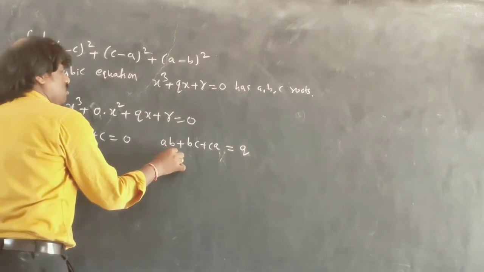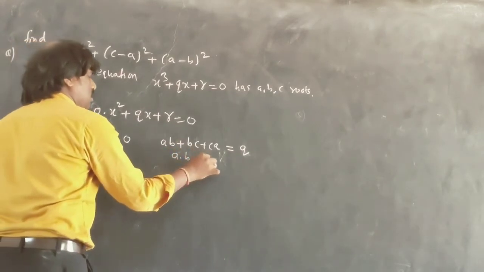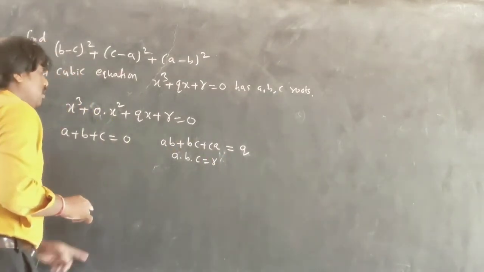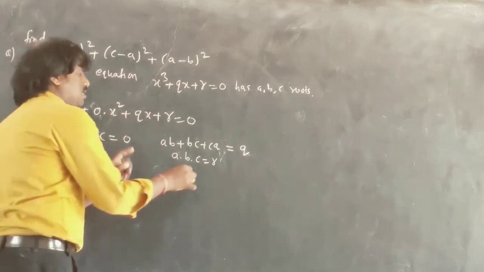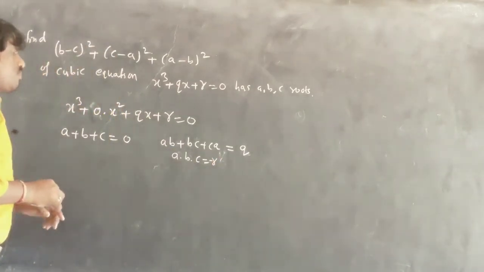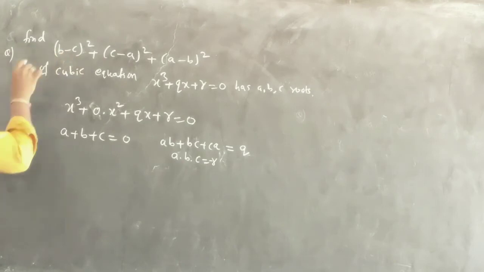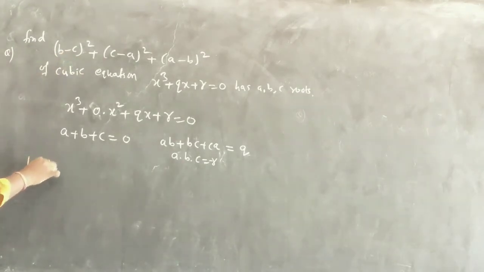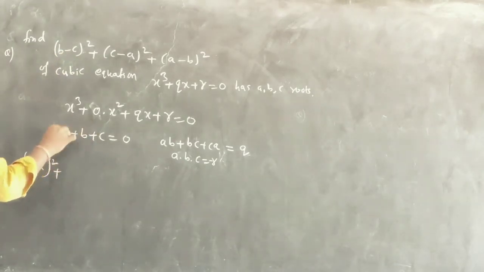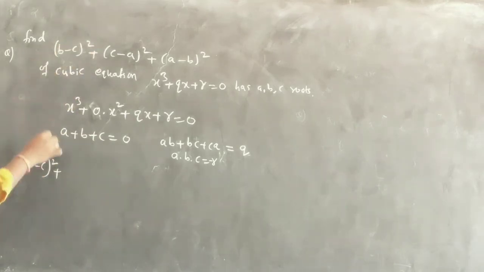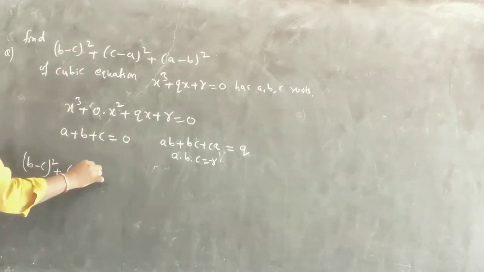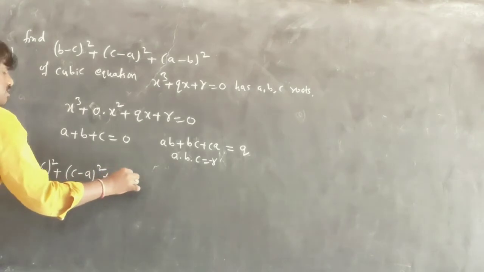And the product of the roots, a into b into c, that is equal to minus r, since it is minus plus minus. So now this is what I have to find: (b minus c) whole square plus (c minus a) whole square plus (a minus b) whole square. With the help of this information we have to find this one.